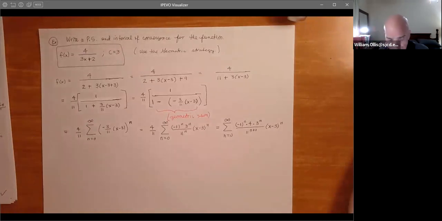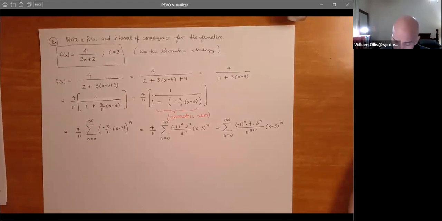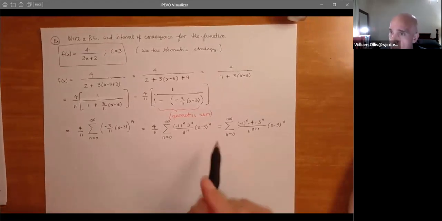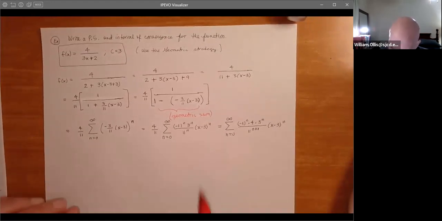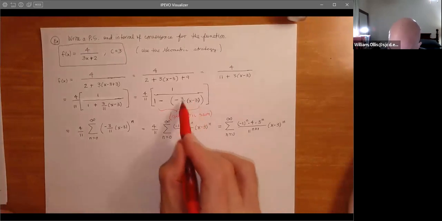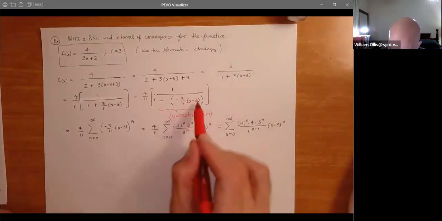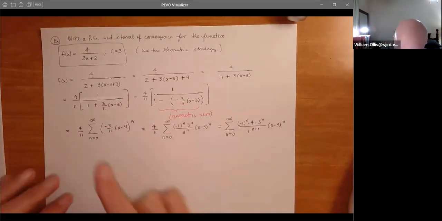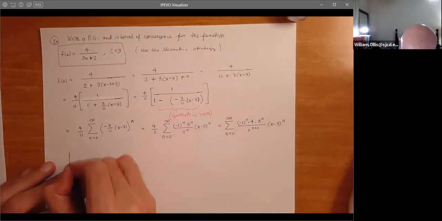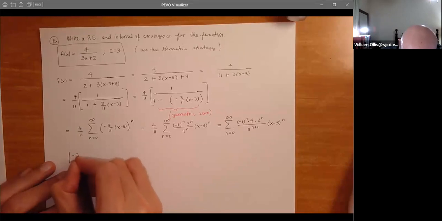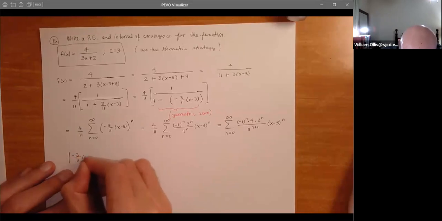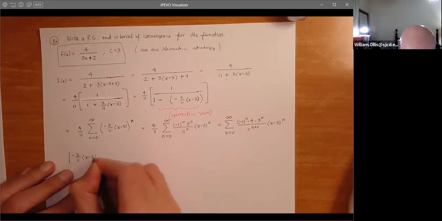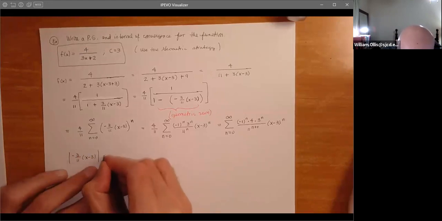Now, again, when we look at this, we think, okay, where would this be valid? So what we can do is basically go to the R, or the new X, so to speak. It's right there. So let's analyze it. For the convergence, we have -3 over 11, x minus 3 in absolute value, less than 1.